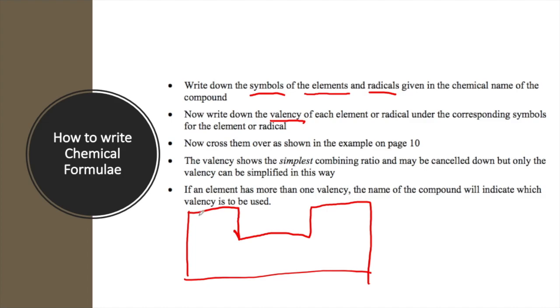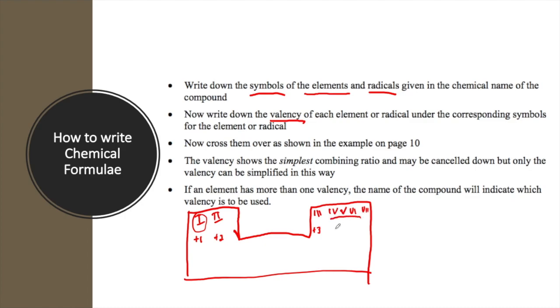All right, so there's group 1, then group 2, then group 3, then group 4, group 5, group 6, group 7 and 8 and so on. Now, very simple. If it's a metal, for instance an element in group 1, then you will have a valency of positive 1. If you're an element in group 2, you would have a valency of positive 2. If you're an element in group 3, then you would have a valency of positive 3.